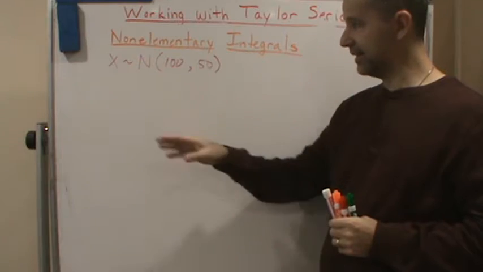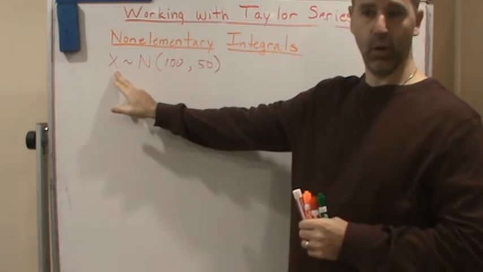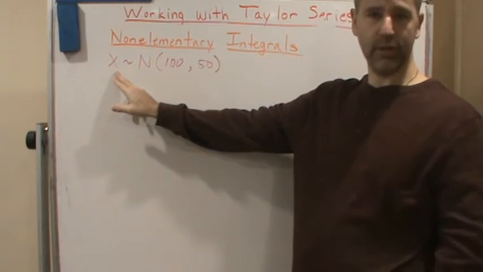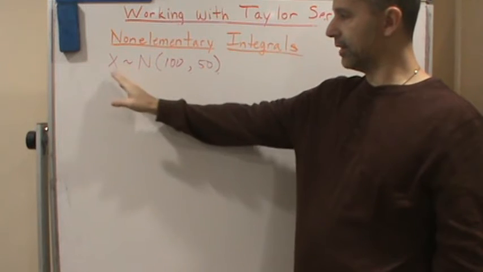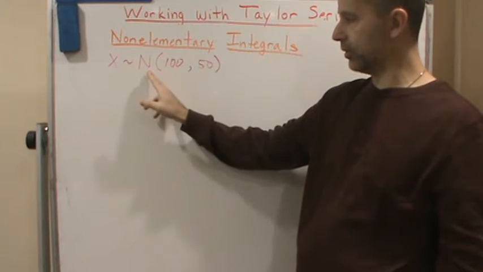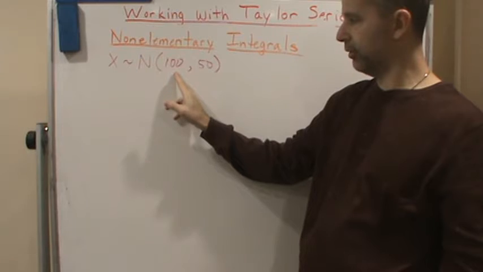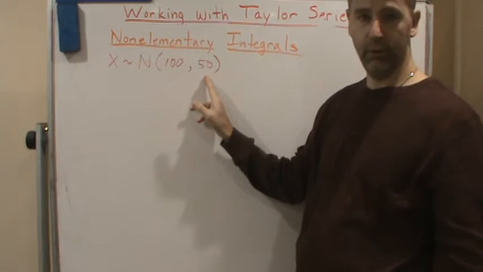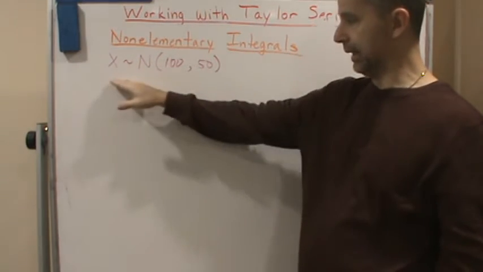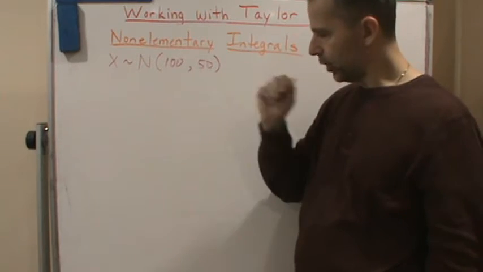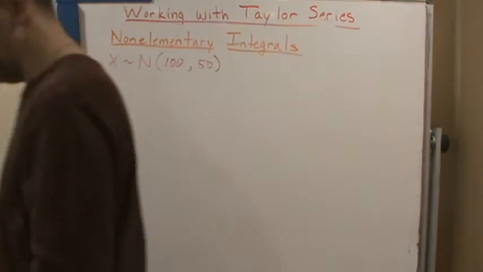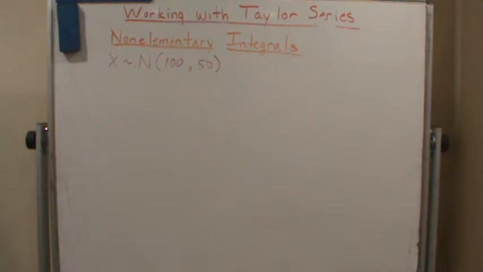In this case, X represents test scores on a particular standardized test. We know that the distribution of these test scores is normal with a mean of 100 and a standard deviation of 50. That's what this symbolism means.